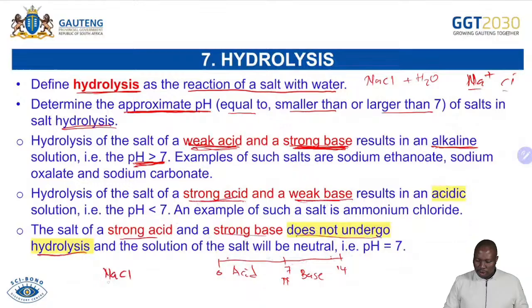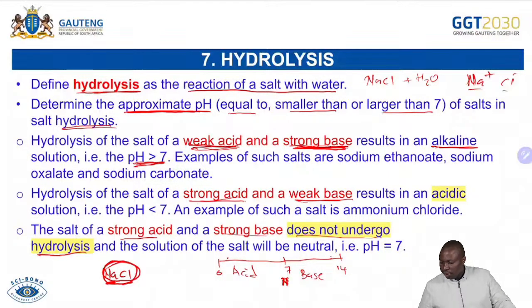You will see that sodium chloride is a salt of sodium hydroxide and hydrochloric acid. We'll talk about that. Sodium hydroxide is a strong base, hydrochloric acid is a strong acid. So when you react them together, the solution will be neutral. Hence, we are saying this salt of a strong acid and a strong base does not undergo hydrolysis. You will see when we do the activities. I hope you will enjoy that.